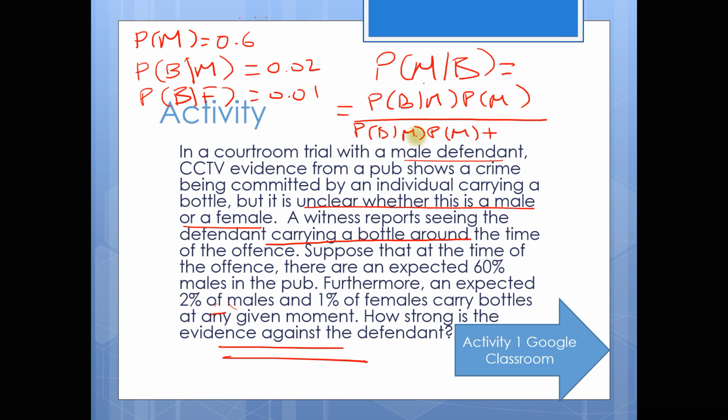B2 is not M in this particular context. It's not M, which is F. So here we go. It is probability of B given M times probability of M plus probability of B given F times the probability of F.